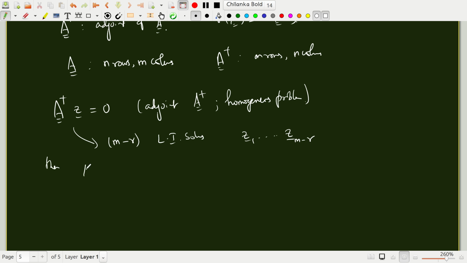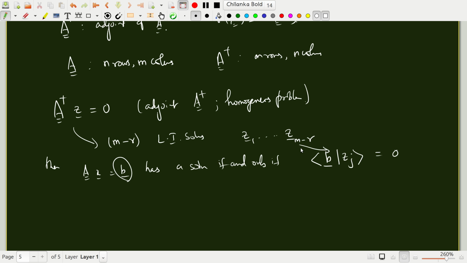Then Ax equal to B has a solution if and only if the right side vector B is orthogonal to each of the homogeneous solutions.